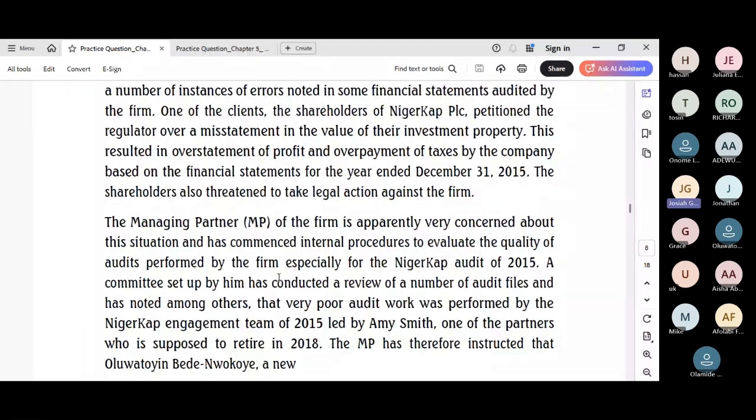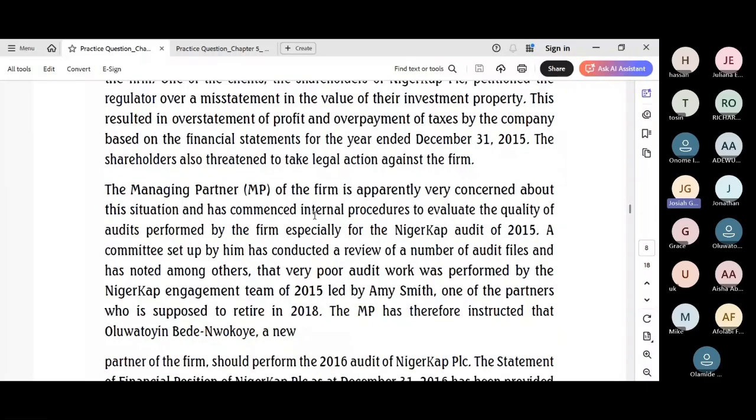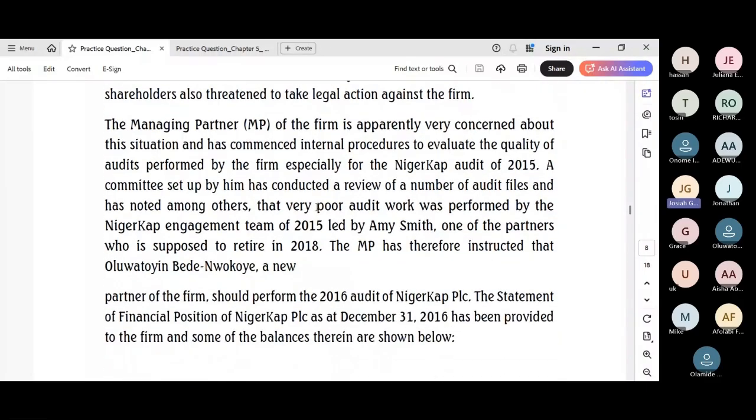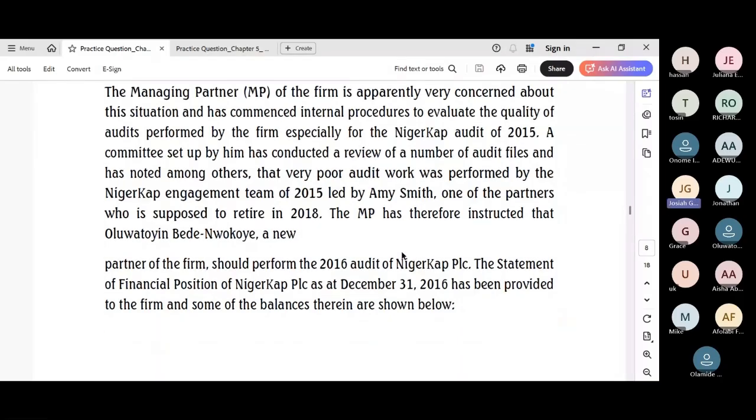This resulted in overstatement of profit and overpayment of taxes by the company based on the financial statements for the year ended 31st December 2015. The shareholders also threatened to take legal action against the firm. The managing partner of the firm is apparently very concerned about this situation and has commenced internal procedures to evaluate the quality of audit performed by the firm, especially for the Niger Cap audit of 2015.